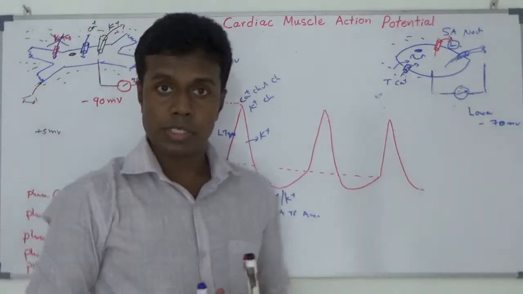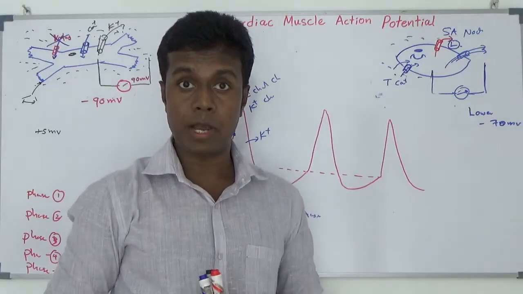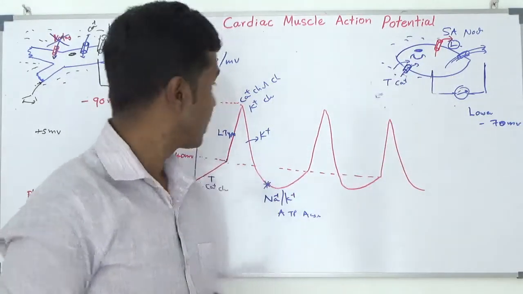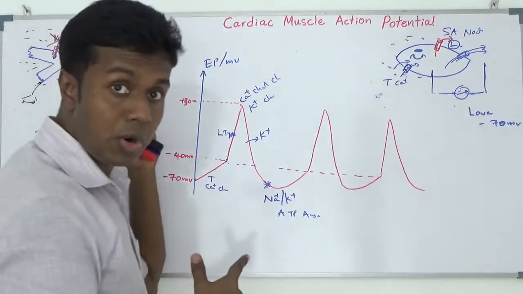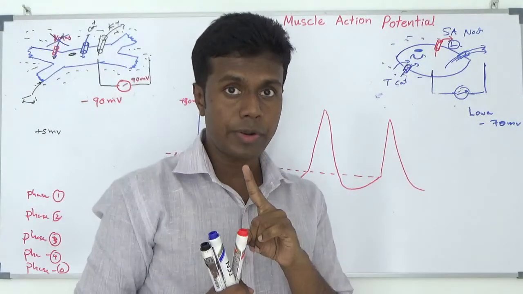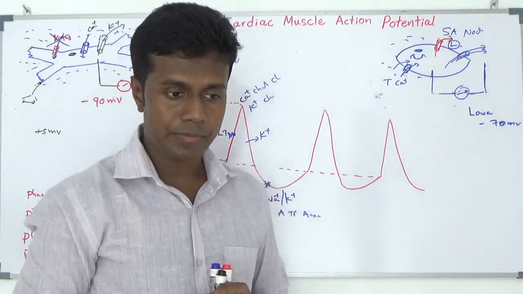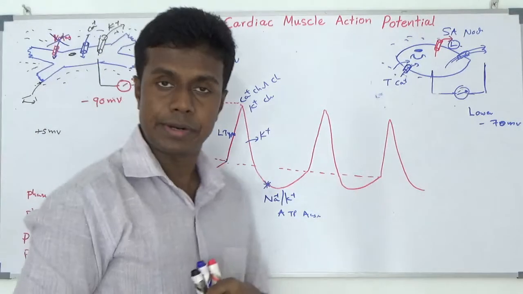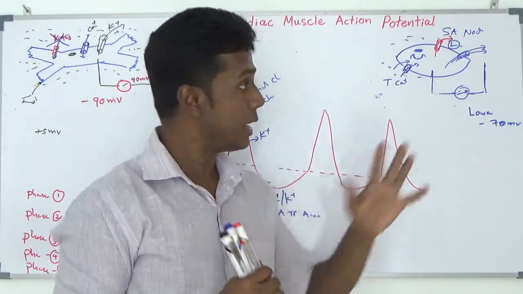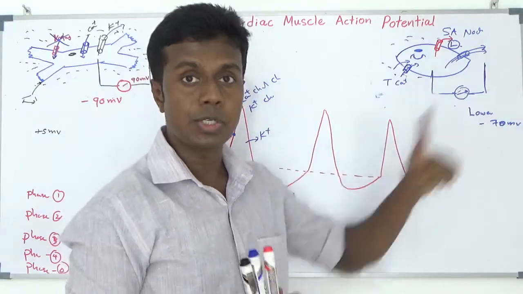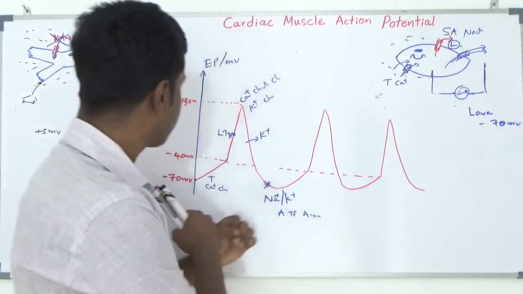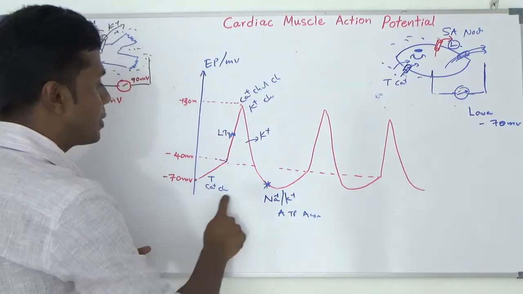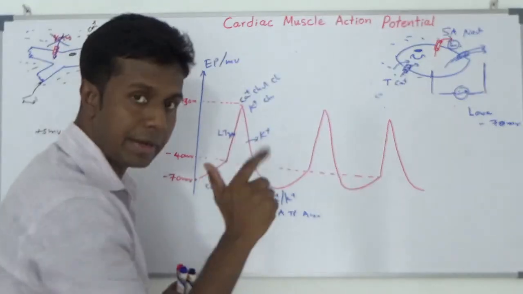Then I want to explore the AV node, the atrioventricular node. Here I explored the SA node, and previously I explored the myocardial cell. Now I want to explore the AV nodal cell as well. AV nodal exploration shows the same picture as the SA node. Believe me, the channels are also similar.